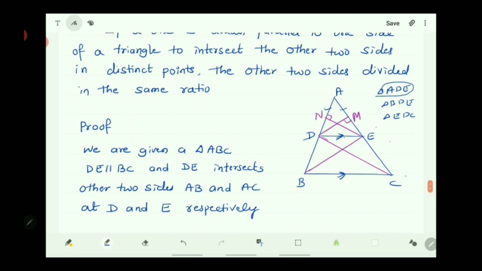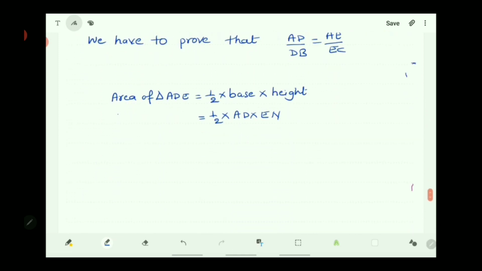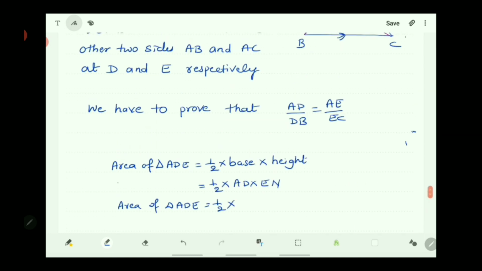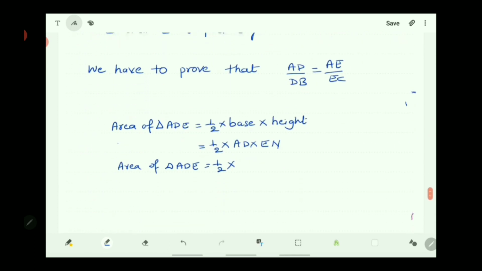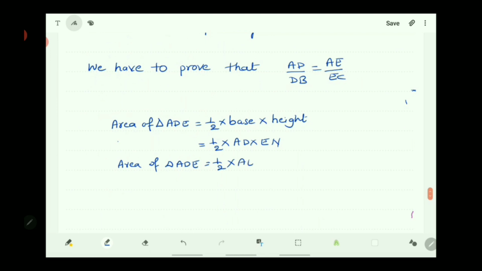You should consider the base AD and height EN. This is also, you know, the area of triangle ADE, which is nothing but half into the other base. If you take AE as the base and DM as the height, you can write half into AE into DM.